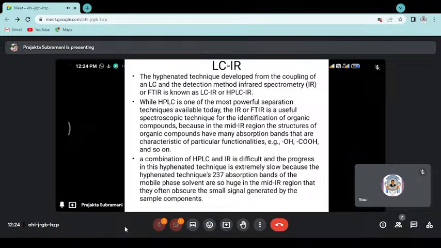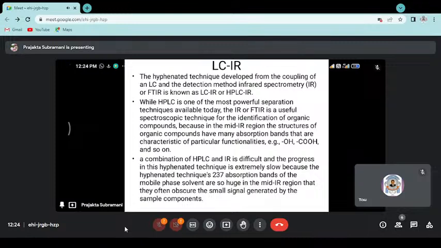Most of the organic compounds absorb in this mid-IR region. The progress of this hyphenated technique is extremely slow because of the absorption bands of the mobile phase solvent in the mid-IR region, and therefore it is not easy to hyphenate LC with IR.